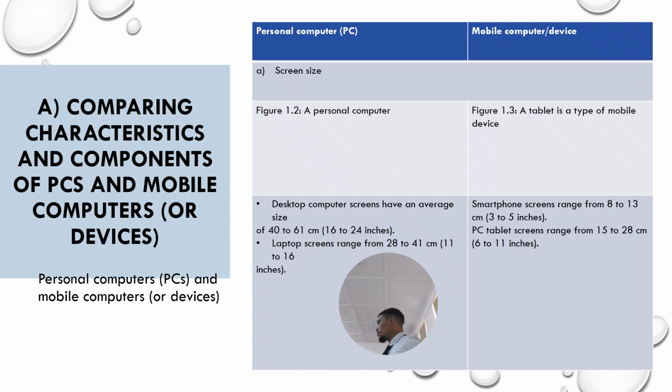Your desktop screen that's in front of you averages between 40 to 61 centimeters. Your laptop screen is from 28 to 41 centimeters, and then you get your smartphones, whose screens range from 8 to 13 inches, and your tablet screens range from 15 to 28 centimeters, which is smaller.